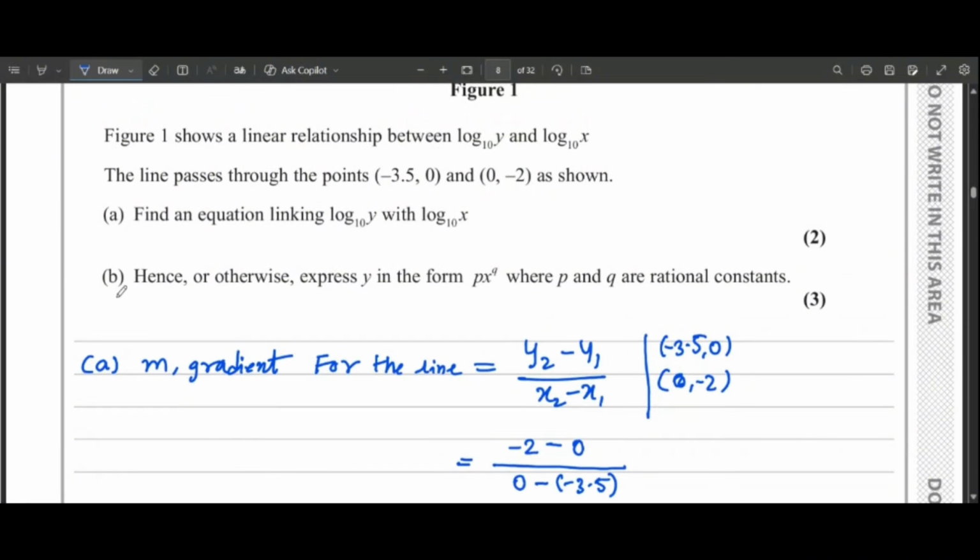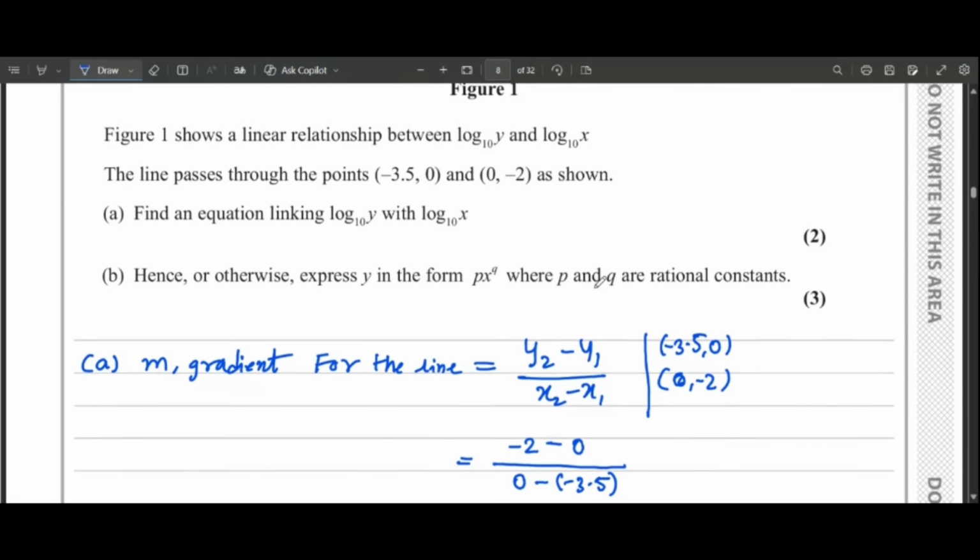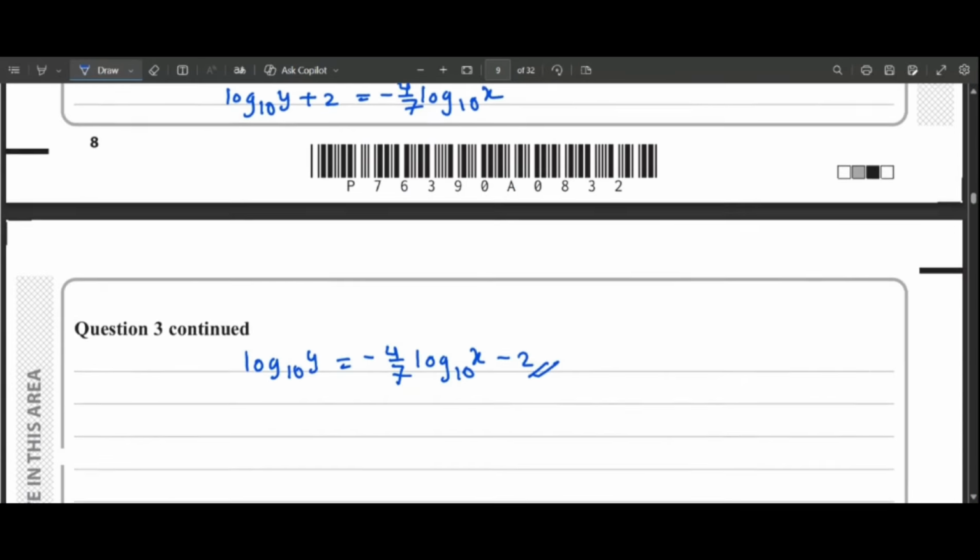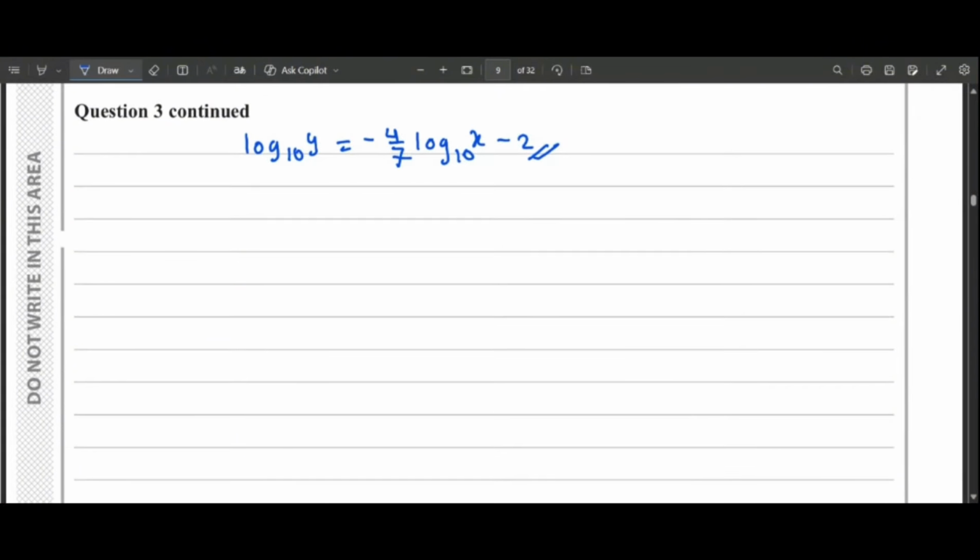For part B, we have to express y in the form p x to the power of q, where p and q are rational constants. To do this, we have to convert this from the log form into the exponential form. Doing this will give us an expression for y in terms of powers of x.